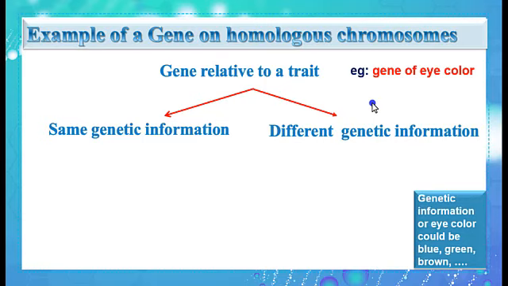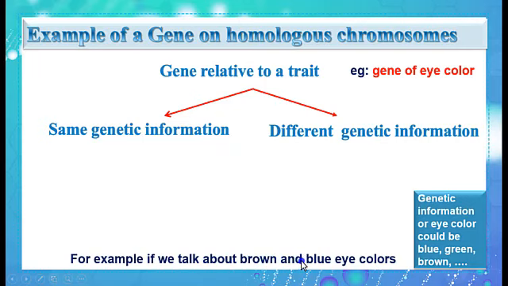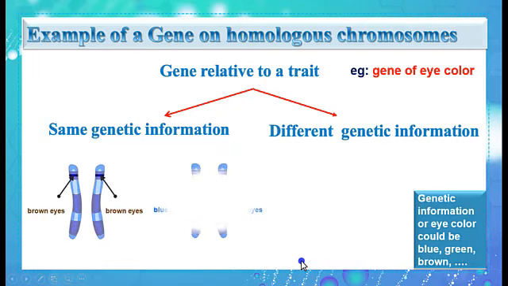Here, the genetic information for eye color could be blue, green, or brown. For example, if we talk about brown and blue eyes, if they have the same genetic information, then on the two homologous chromosomes we have brown eyes and brown eyes, or blue eyes and blue eyes, as mentioned in the figures.